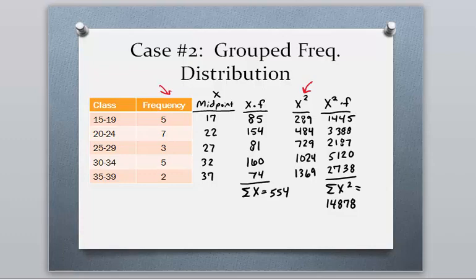Okay, so now we're ready to use our formula and calculate our variance. All right, so remember that it is the larger sum first. So I'm going to say s squared is equal to 14,878 minus the smaller sum squared divided by the total number of values, which we can get from adding up our frequency column.